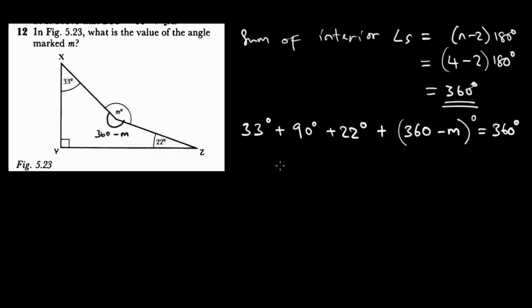So let us add what we can add. 33 plus 90 plus 22 ndiani? 33 plus 90 plus 22, it's 145. So 145 degrees plus 360 degrees minus m is equal to 360 degrees.